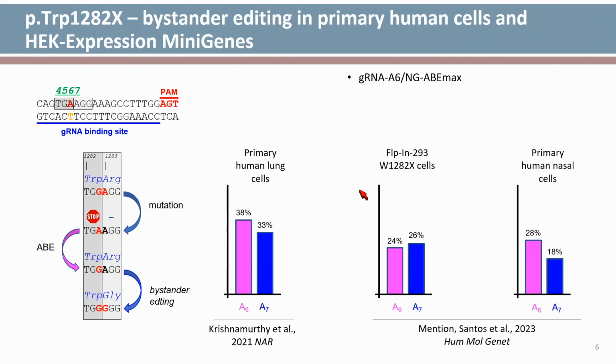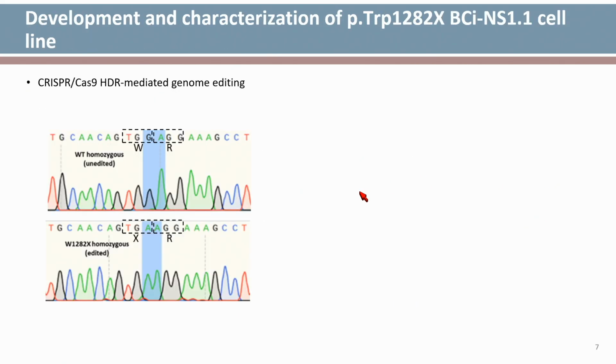To do this, we started by creating a suitable cell model, and we used the BCi cell model. It's a basal cell line that retains the ability to differentiate into the different cell types in the airway epithelium. Using homology-directed repair, we created a model based on the BCi wild-type cell bearing W1282X in homozygosity.